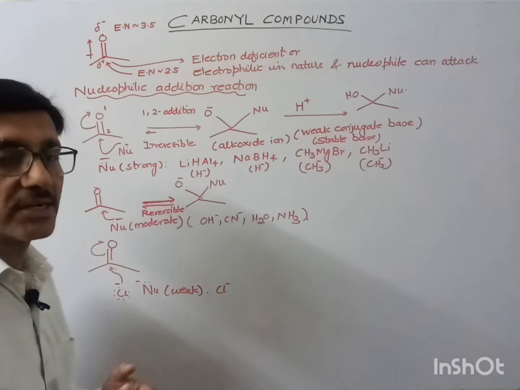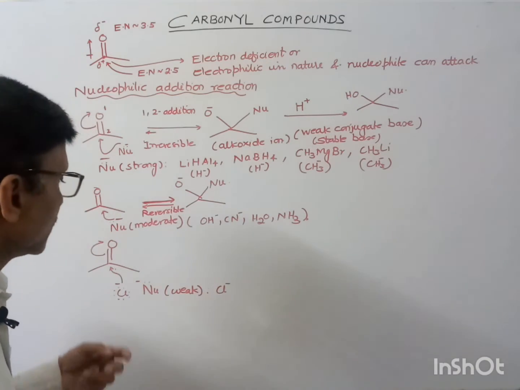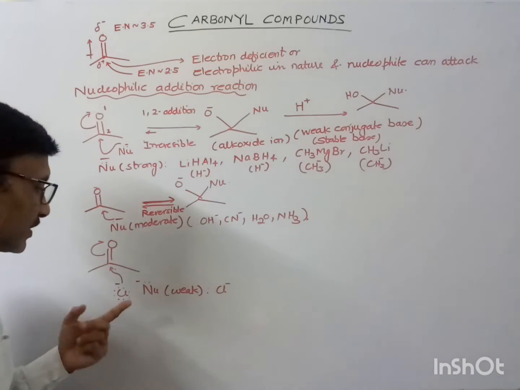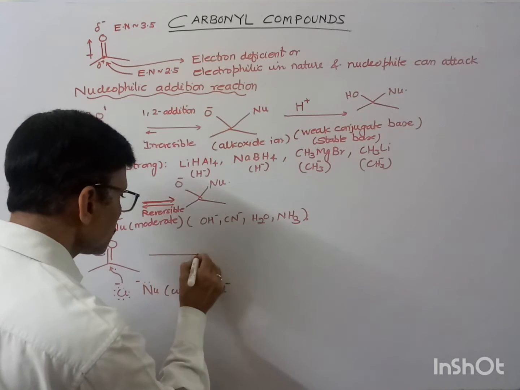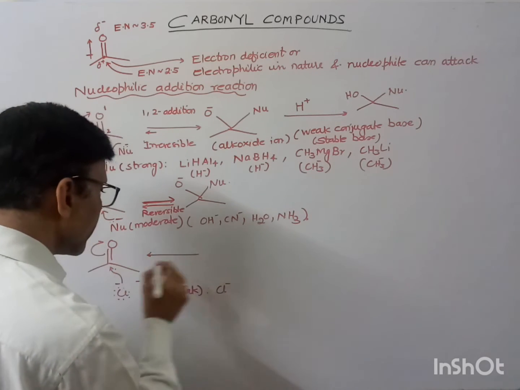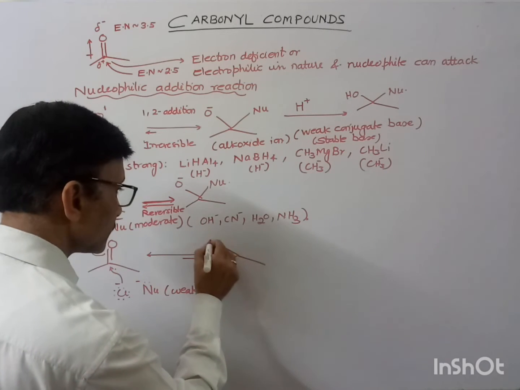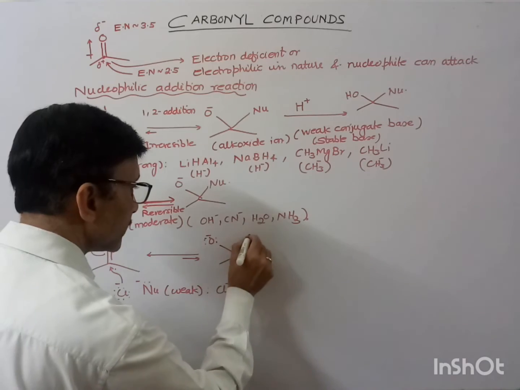Now we know that HCl is a very strong acid, and its conjugate base is a weaker one, and it will act as a weaker nucleophile over here, and here the reaction will go in a backward direction much more. Why? Here the O minus is formed, and Cl.